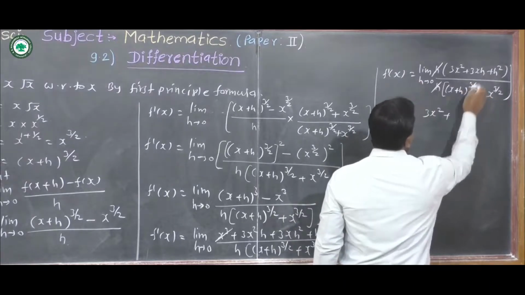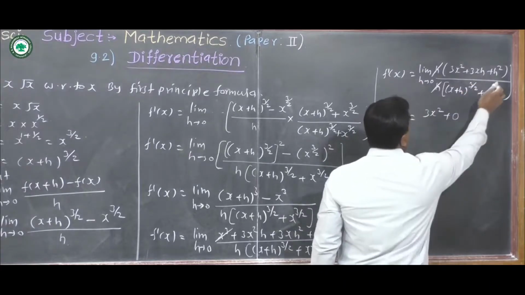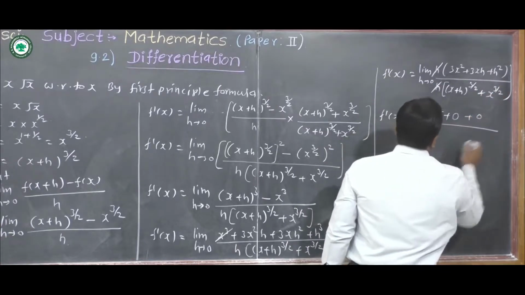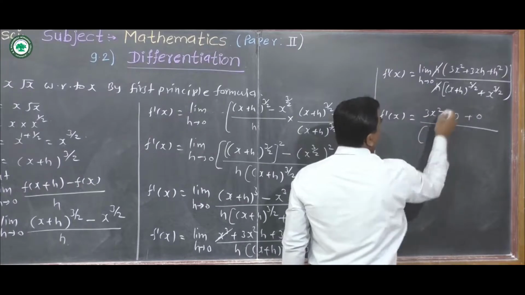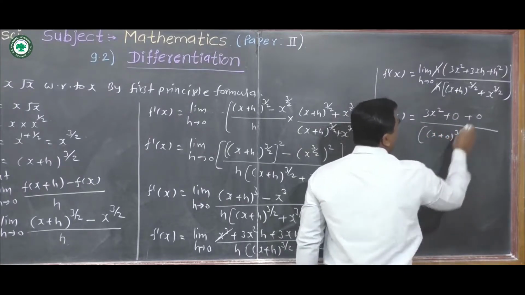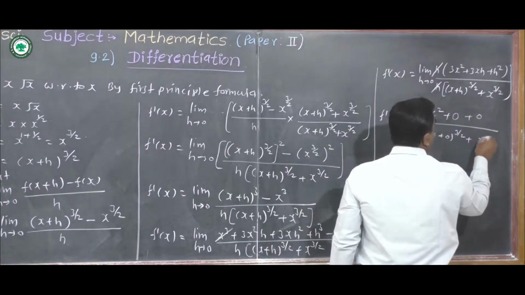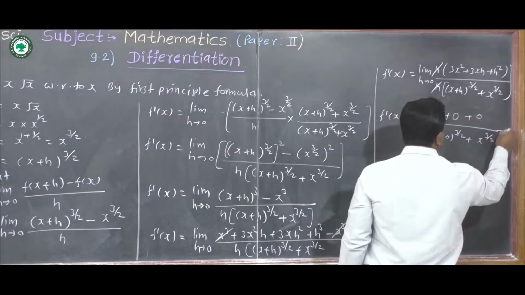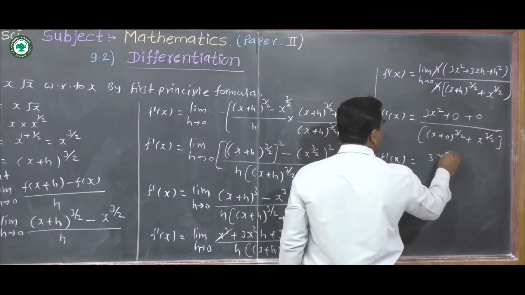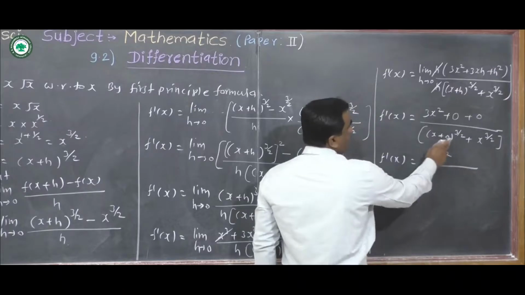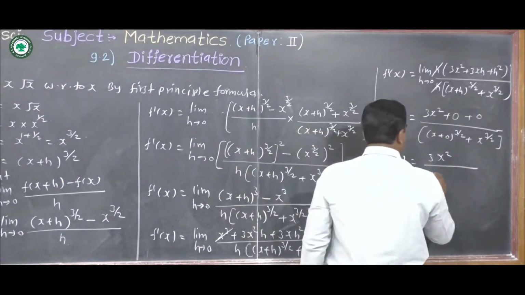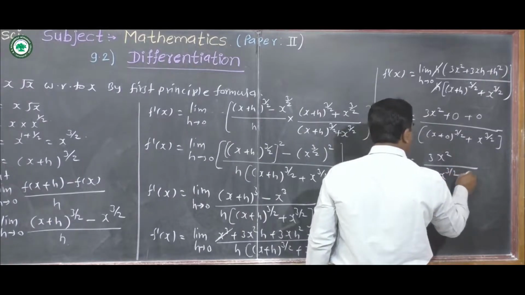If we put h equal to 0, this term becomes 0, here also limit h tends to 0, h square means 0, upon here we can put h equal to 0, (x plus 0) raised to 3 by 2 plus x raised to 3 by 2. That is, f dash of x is equal to 3x square upon x raised to 3 by 2 plus x raised to 3 by 2. Taking addition, we can write here 2 into x raised to 3 by 2.